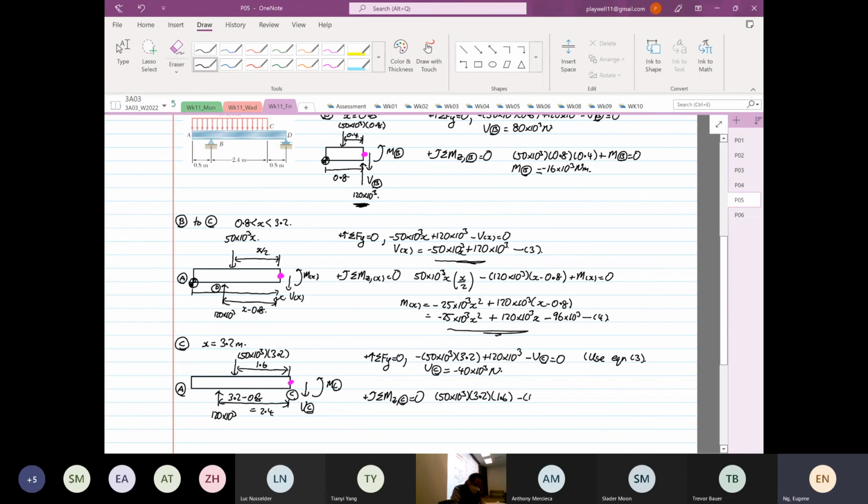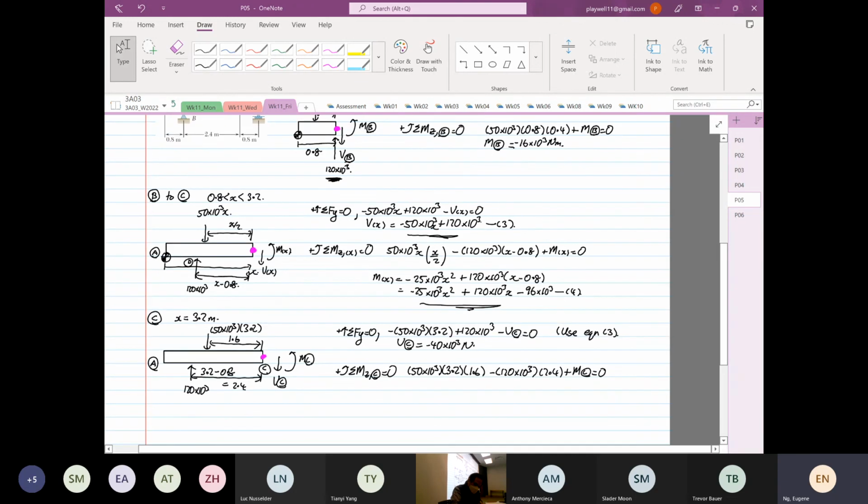Then minus 120 times 10 to the power 3 multiplied by 2.4. Then plus moment about point C is equal to 0. So from here, moment at point C is equal to 50 to the power 3 times 3.2 times 1.6 minus 120 to the power 3 times 2.4, which is equal to 32 times 10 to the power 3.